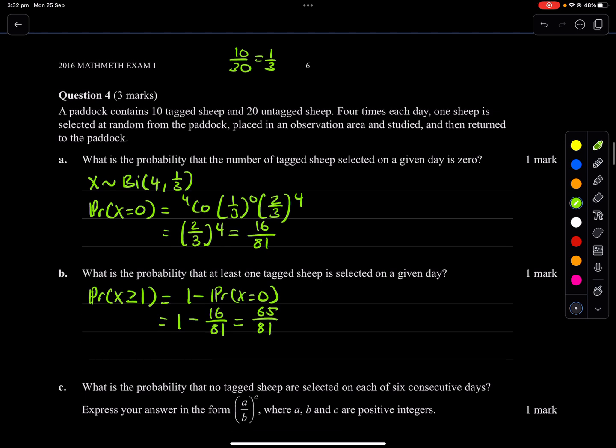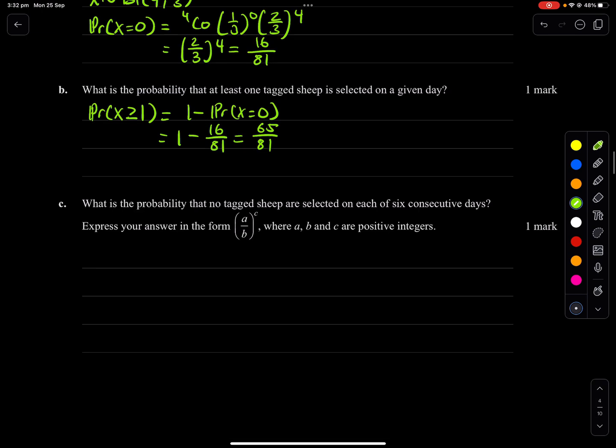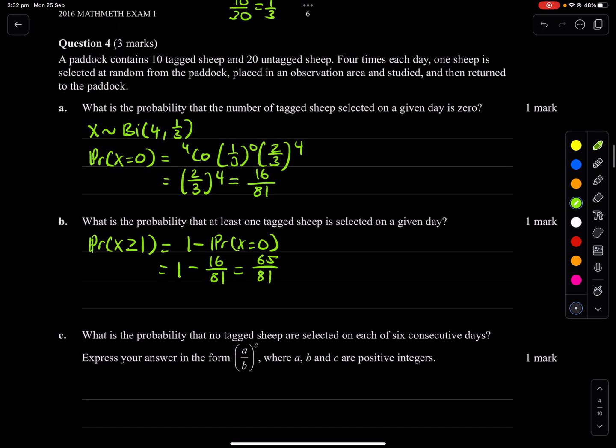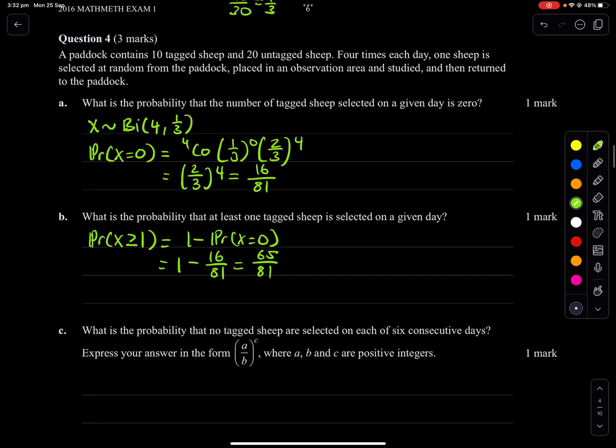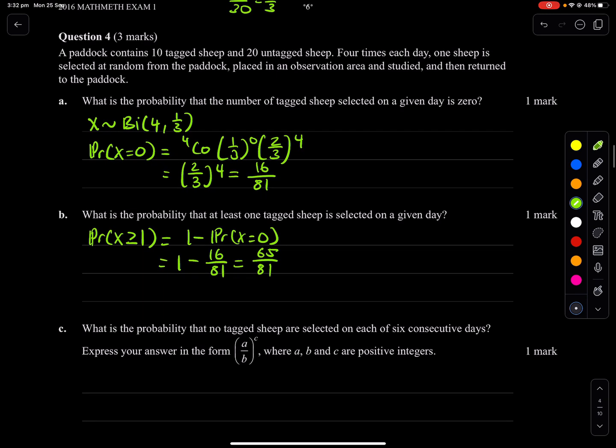We know that the probability of the number of tag ships selected on a given day is 0. What's the probability that no tag ships are selected on 6 consecutive days? Okay, so we know from part A, it says, what is the probability that the number of tag ships selected on a given day is 0?